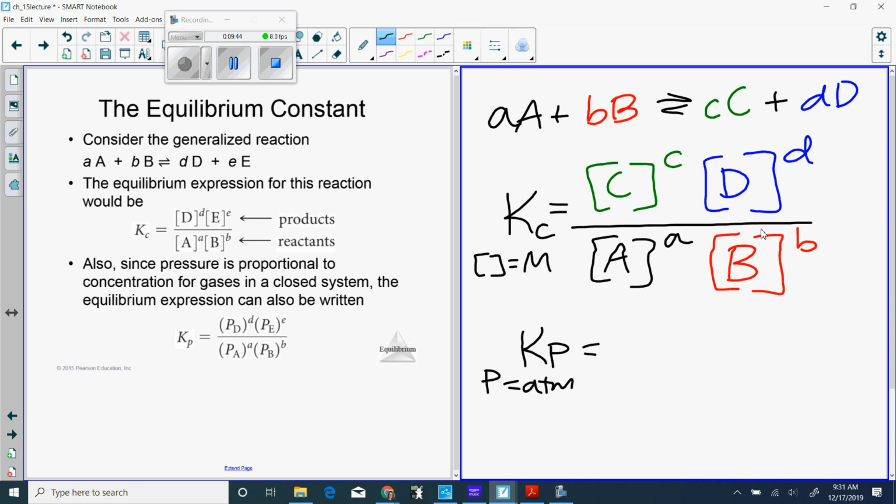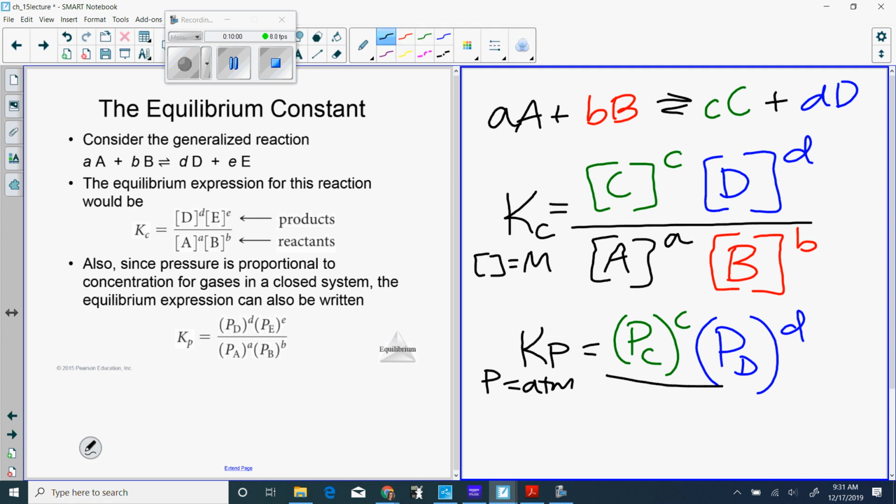Equals our products, but instead of brackets, I'm just going to call it pressure of C to the C times pressure of D to the D over our reactants, pressure of A to the A. Any coefficients become exponents. Pressure of B to the B.